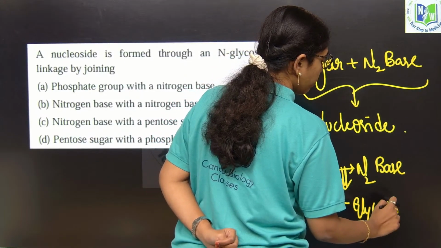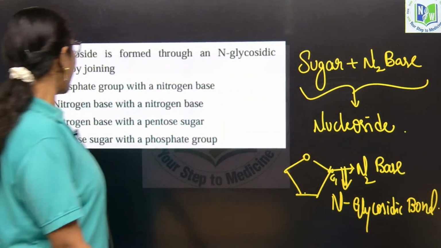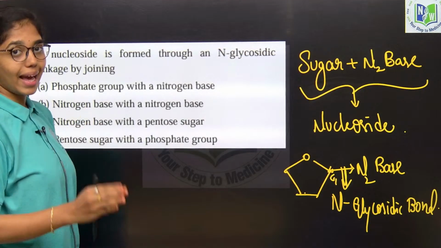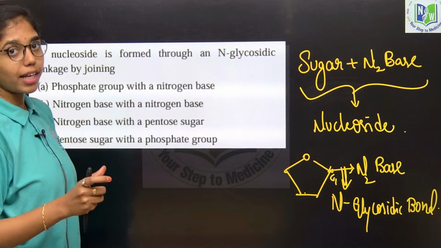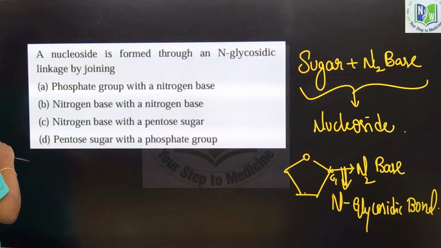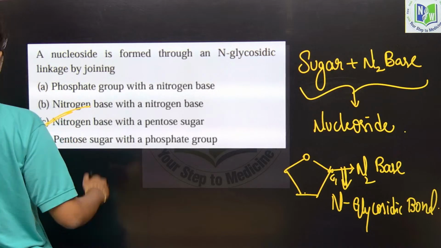The nucleoside is formed through an N-glycosidic linkage by joining pentose sugar and nitrogenous base. Option 3 will be the right answer.